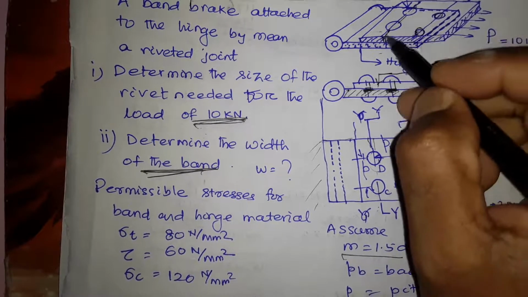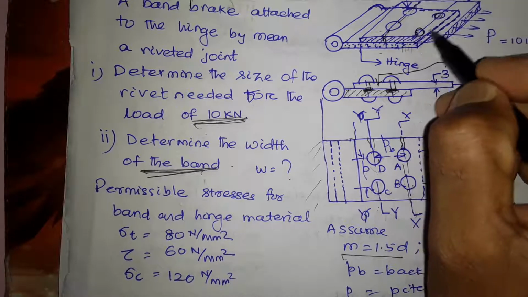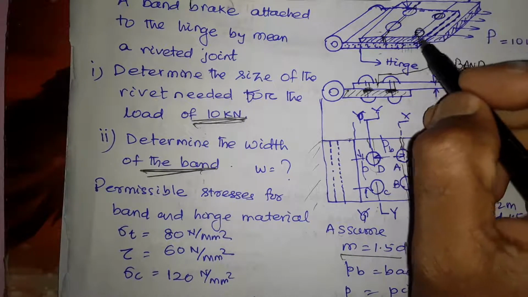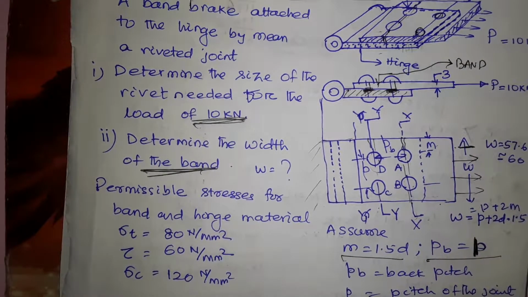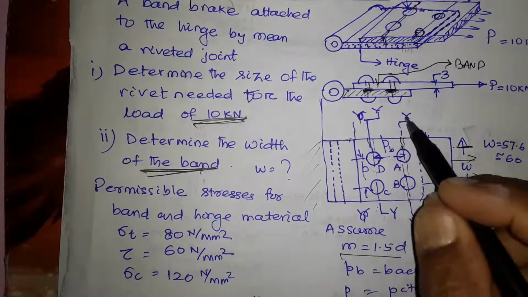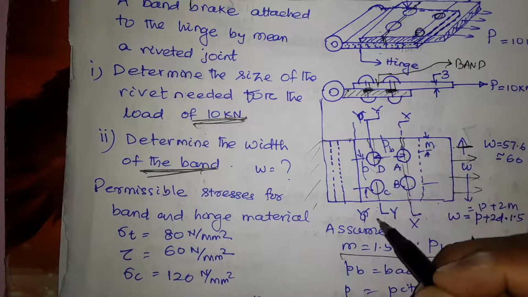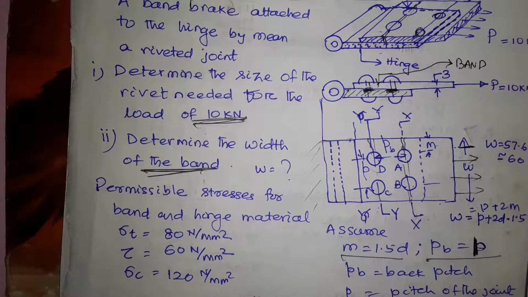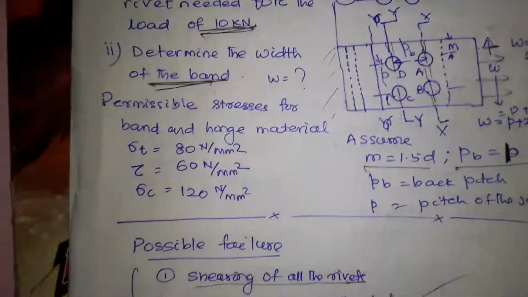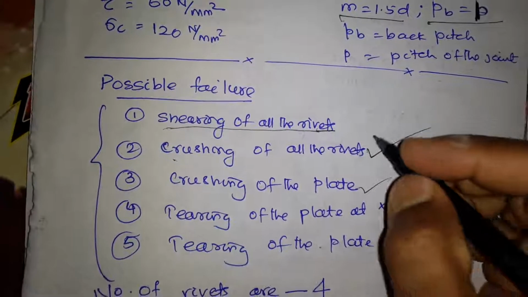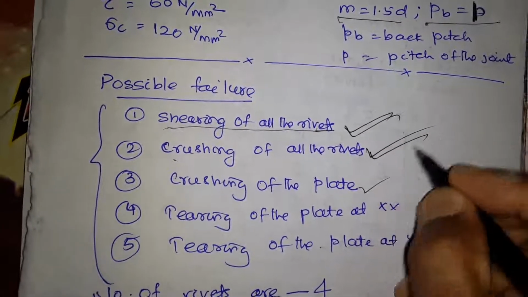So if it is tearing at this location, along with it the front 2 rivets have to shear or be crushed. If I say this is Y-Y section, this is called X-X section, the tearing may take place at the Y-Y section or the X-X section. So these are the possibilities of failure, and we'll check which is the weakest, and the weakest will be the criteria for design.